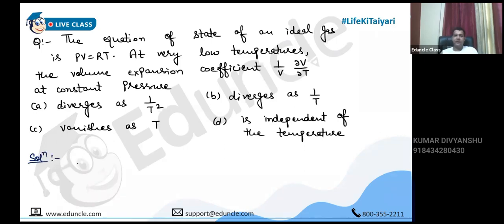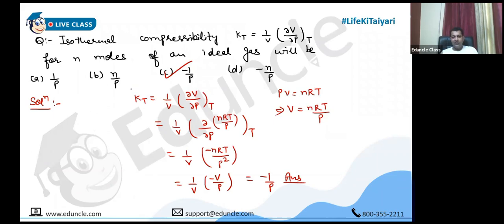Is independent of the temperature. This is called alpha actually. This volume expansion coefficient is denoted by the symbol alpha. And the equation is given to be PV equal to RT, so you can make use of that equation. Just as we have calculated the value of Kt, it was coming out to be minus 1 by P. Similarly, you have to see the relation between alpha and T.